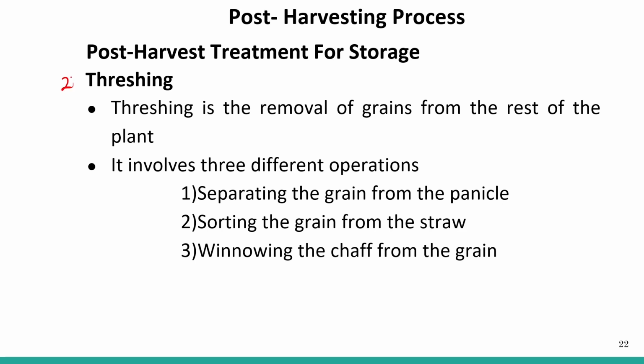Next comes the threshing. Threshing is the removal of grains from the rest of the plant. So this is the harvested product. There are dry leaves, and there are grains attached with the hulls, like this.